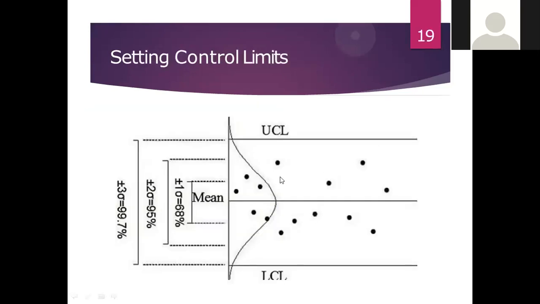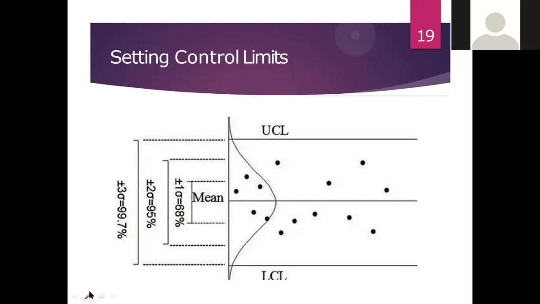So now we are moving to the calculation part. You know the basic concept of this control chart, right? These black colored dots are the samples, and the data will be given to you.